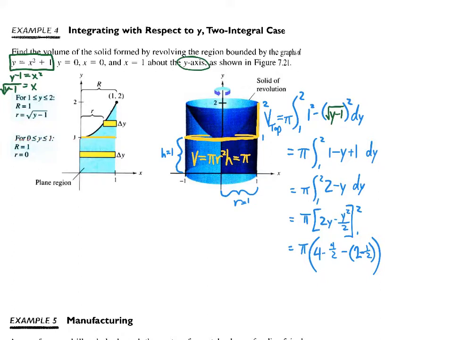So I have 4 minus 2, which is 0, minus a negative 1/2. So that's plus 1/2 pi. Okay? So that's just the top.